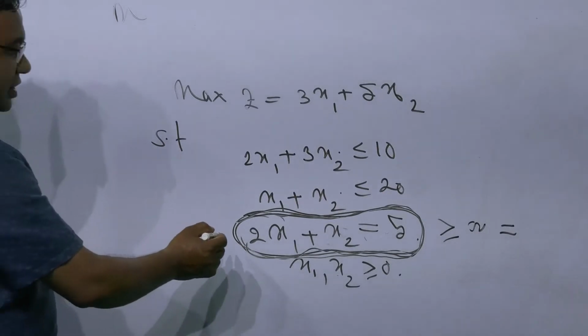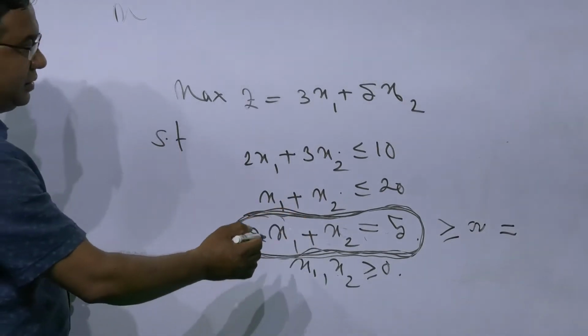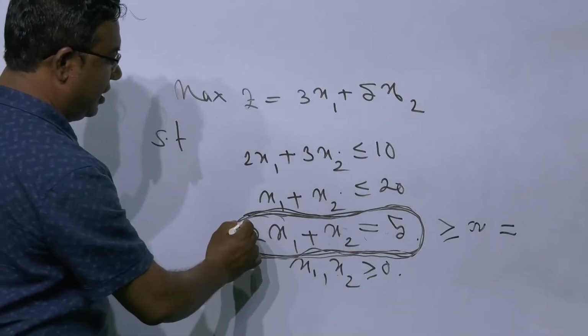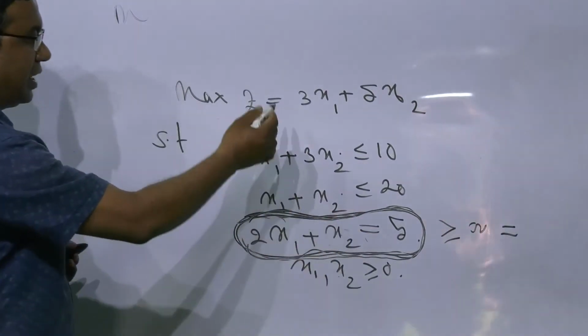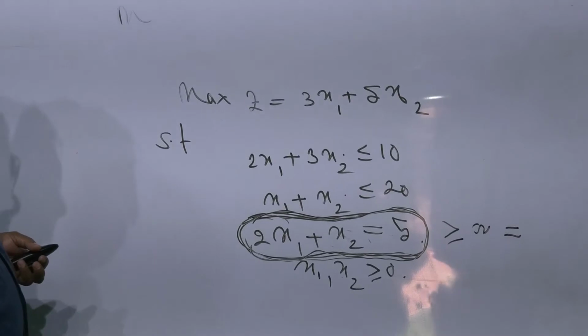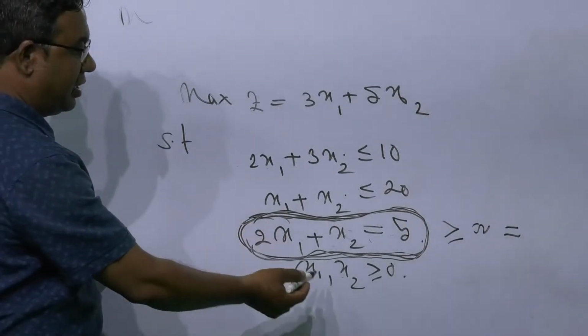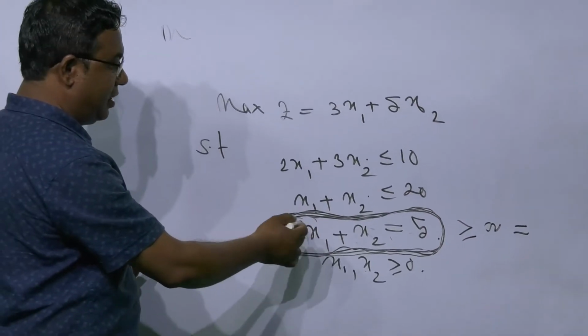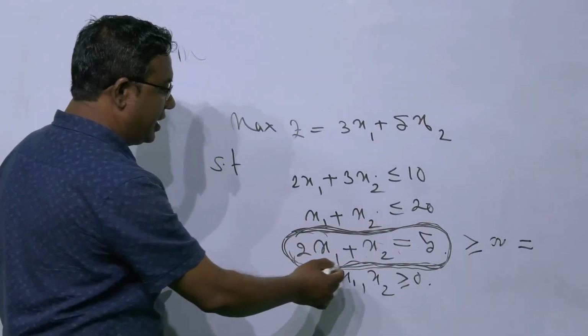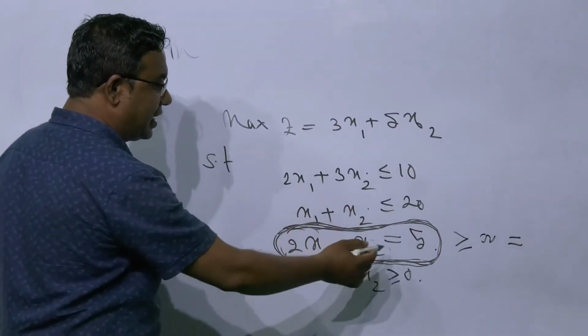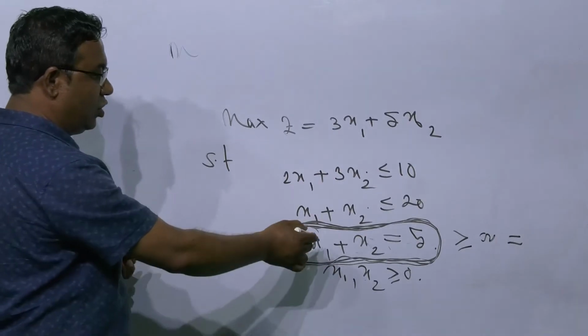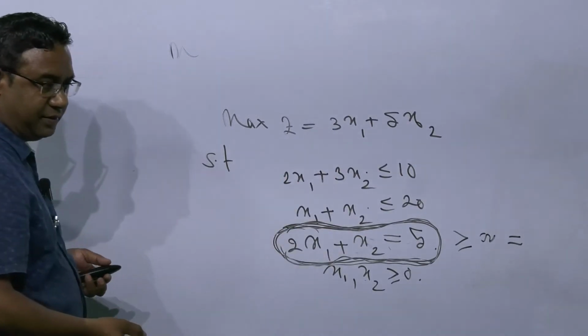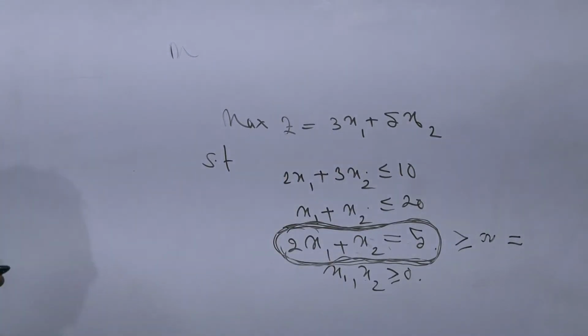Now the introduction of the artificial variable in this constraint may violate the constraint, because the addition is only on the left-hand side. Addition of one non-negative variable on the left-hand side of the constraint will violate the constraint.